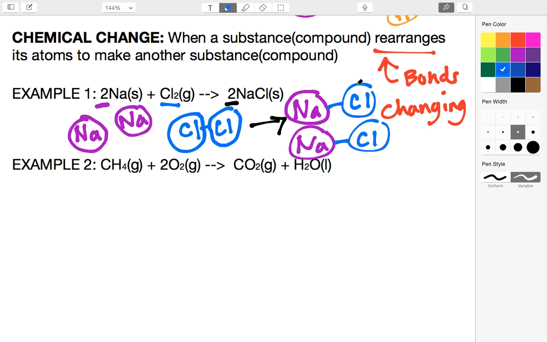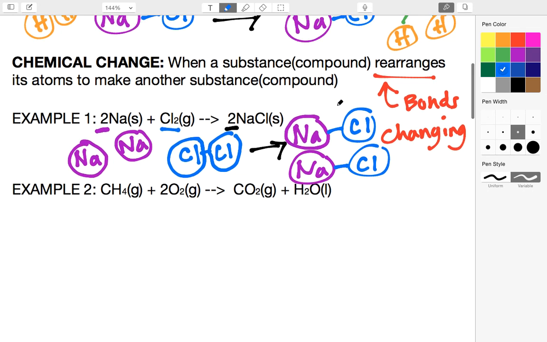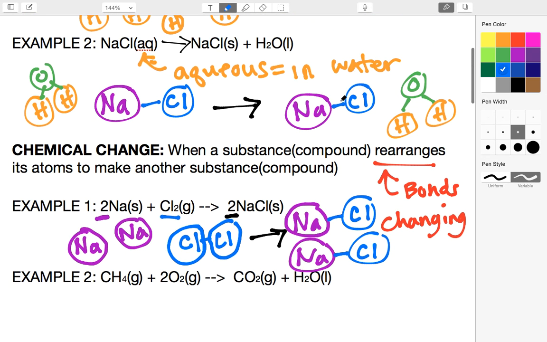Boom. So in this case, if I'm comparing these two, right, remember this top portion is a physical change. This bottom portion is a chemical change. So notice that whatever its partners were before, so blue was with blue in this case, purple was by itself. Now in a chemical change, my purple is bonded with my blue, or my sodium is bonded with my chlorine.